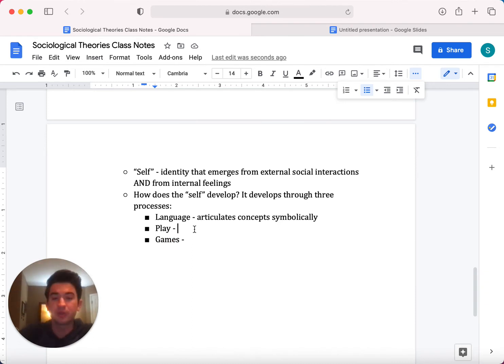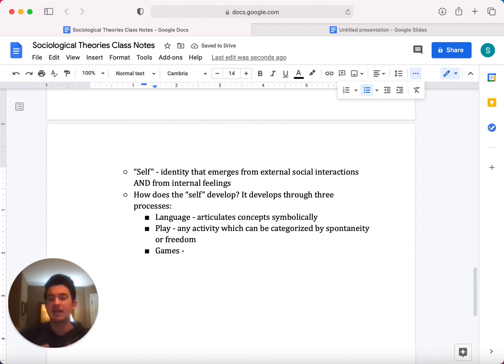Okay, so play, Mead described as any activity which can be categorized by spontaneity or freedom. Okay, so that word spontaneity, when I think of the word spontaneity, I think of spontaneous, right?